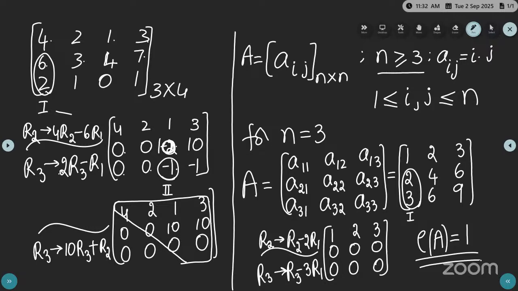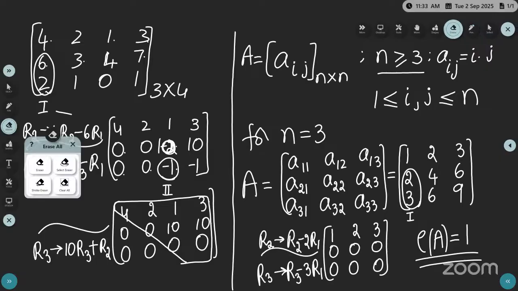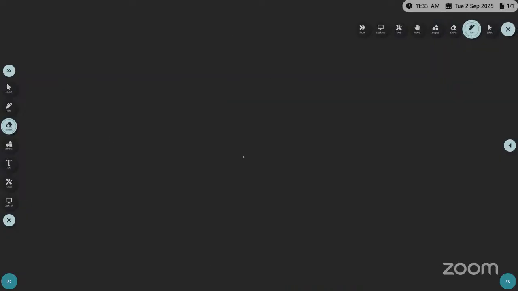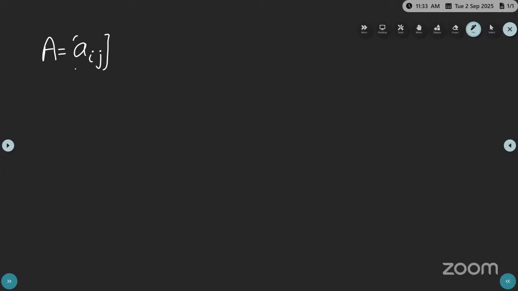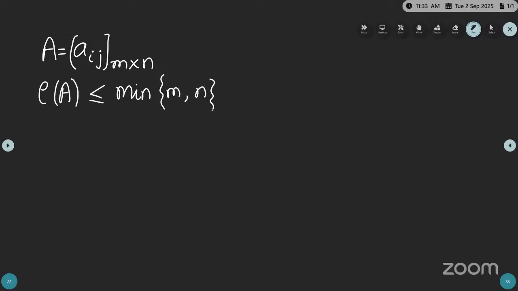If capital A equals Aij of order m by n, the rank of A is less than or equal to the minimum of m comma n.